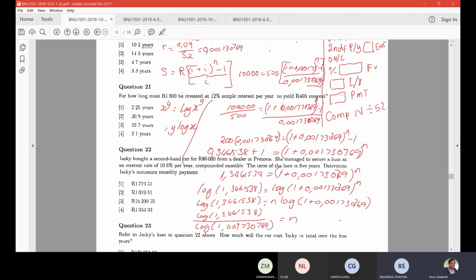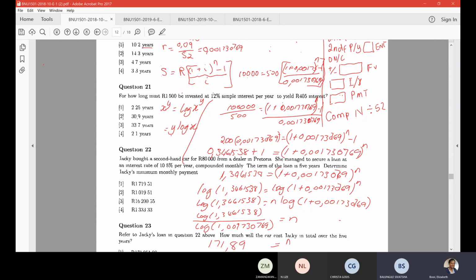And you go on to your calculator and calculate the log of 1.3461538 divided by the log of 1.00173069 equals, and n is equal to 171.89.